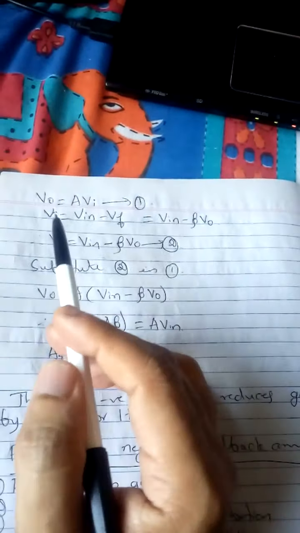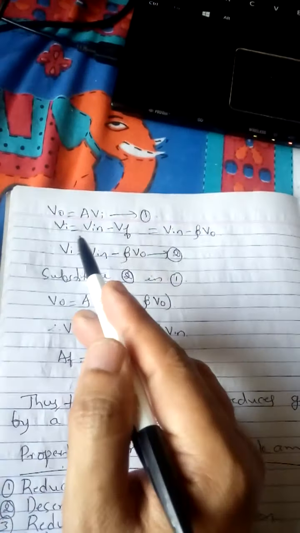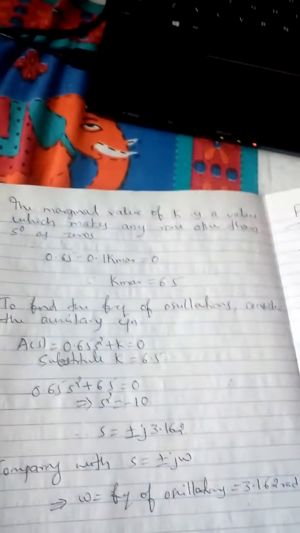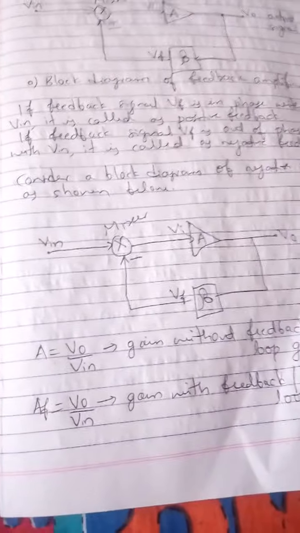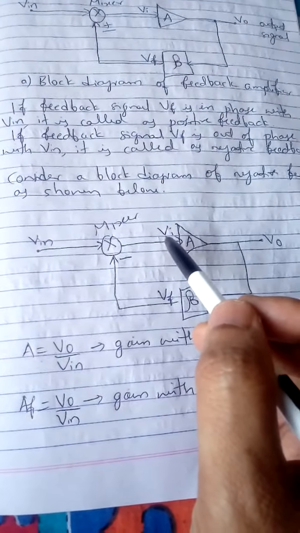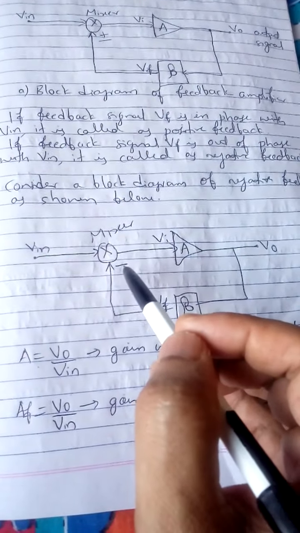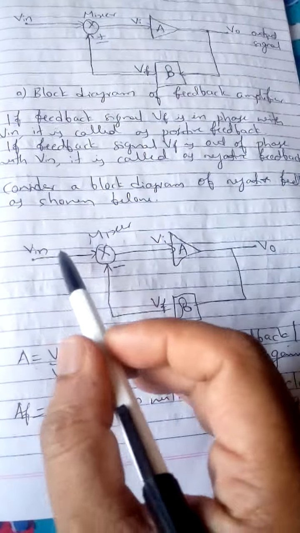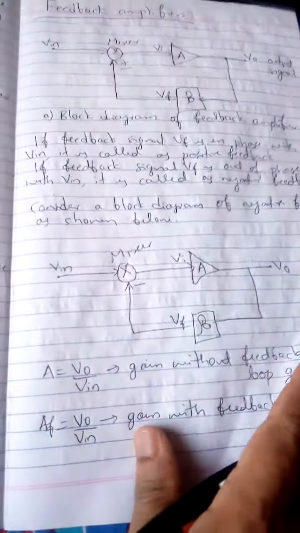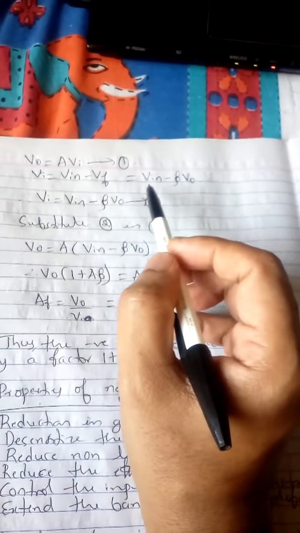Then I am writing Vi equals Vin minus Vf. Vi means it is the signal obtained from the mixer. Since it is a negative feedback network, I need to write it as Vin minus Vf.